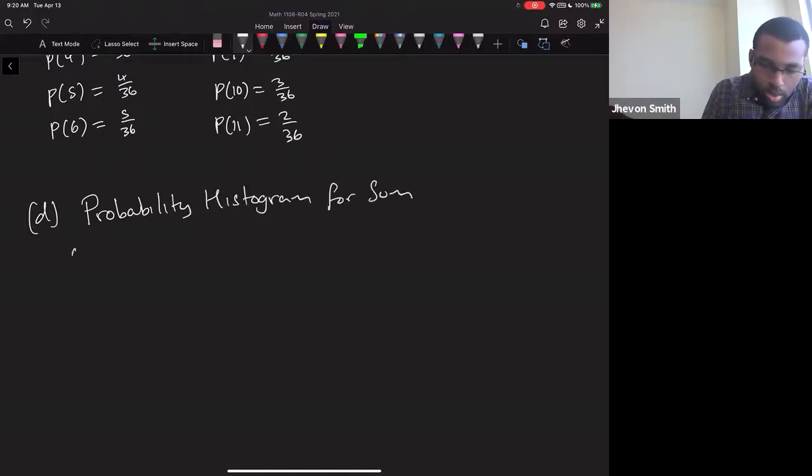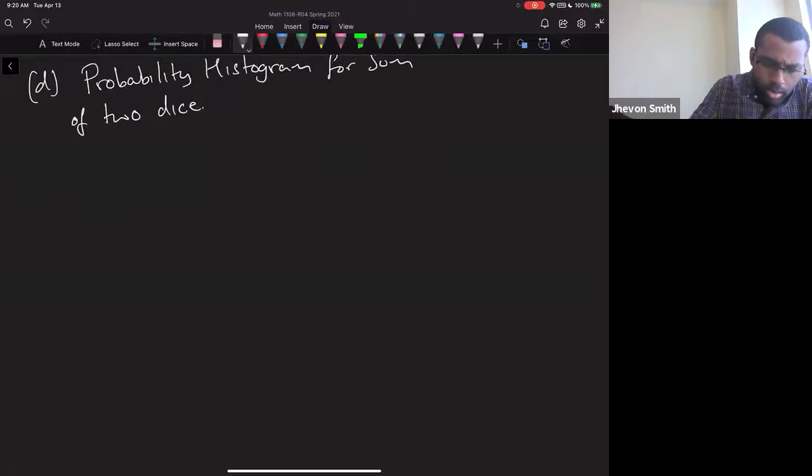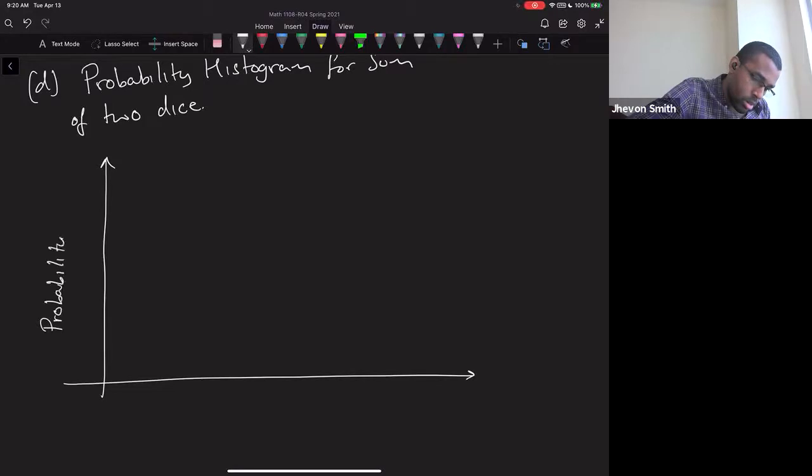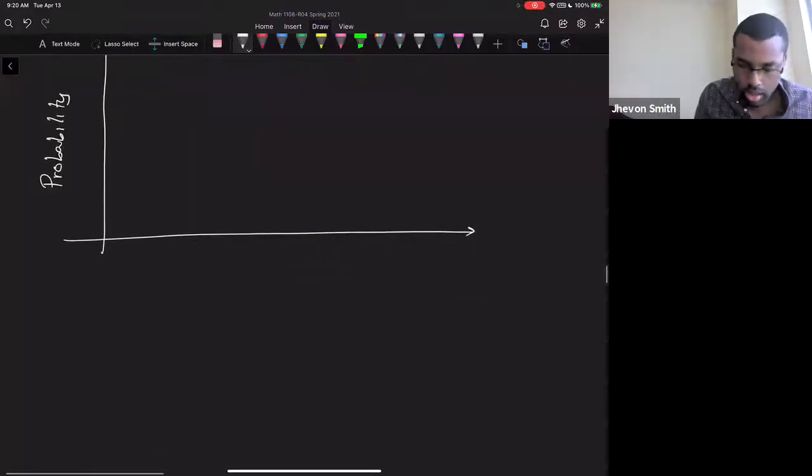Histogram for the sum of 2 dice, where you pretty much plot the thing that we just saw. On the vertical, you would put the probability, and on the horizontal, you would put the sum.